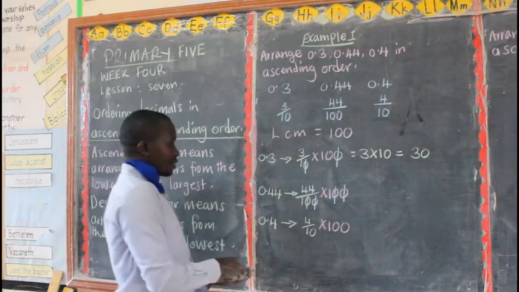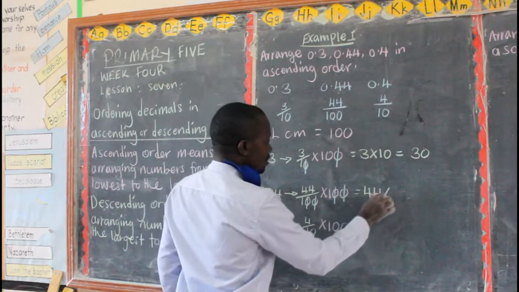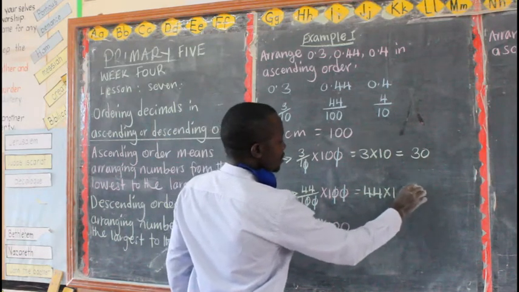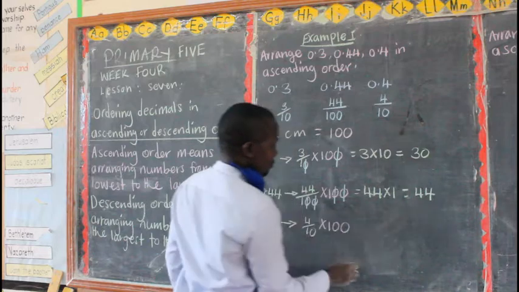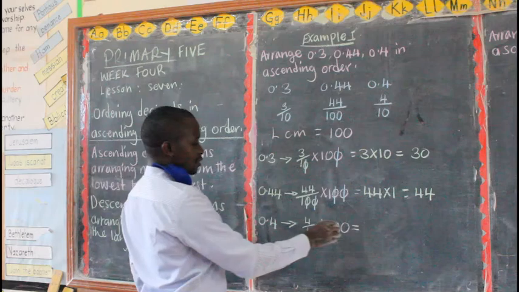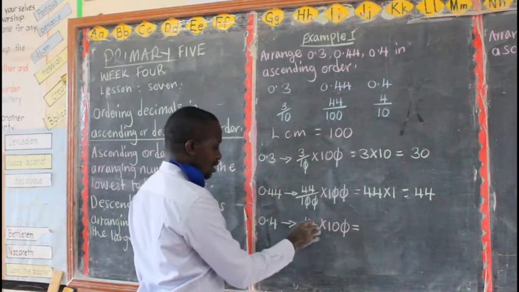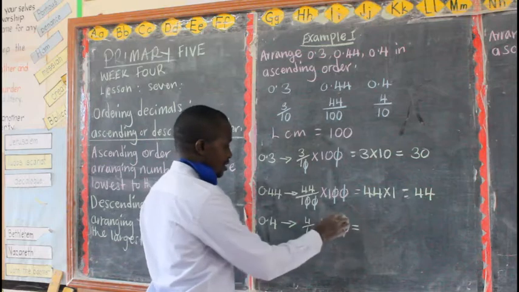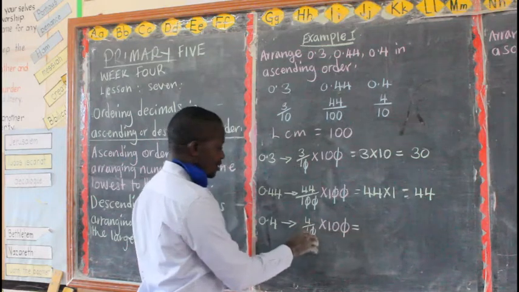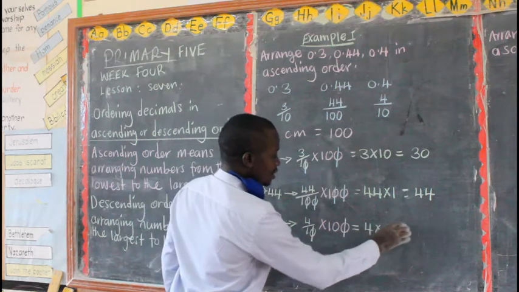So here we remain with 44 times 1, giving us 44. Then lastly here, also divide a 0 with a 0. We remain with 4 times 10, giving us 40.